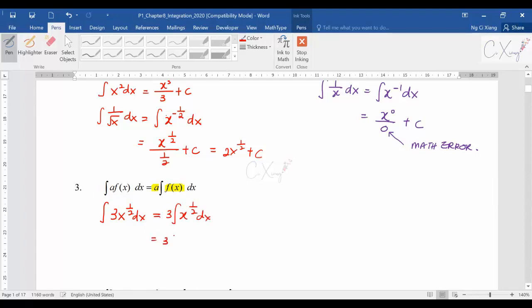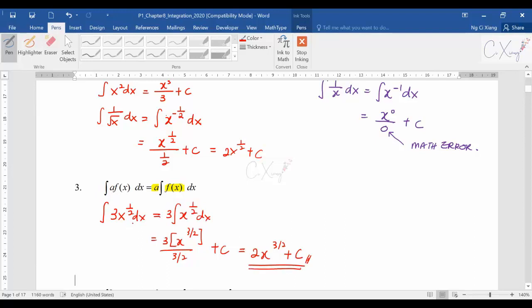For x power half, you have x power 3 over 2 (half plus 1), divided by 3 over 2, then plus c. If you continue to simplify it, you should be able to have 2x power 3 over 2 plus c. So maybe you will say that this one seems like no difference, but the step is still very simple.